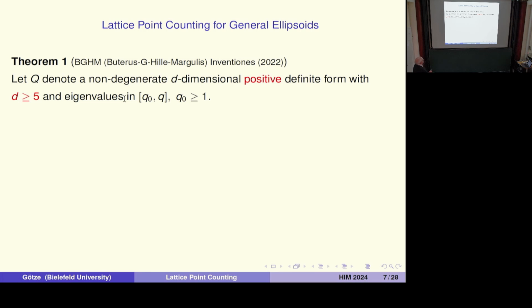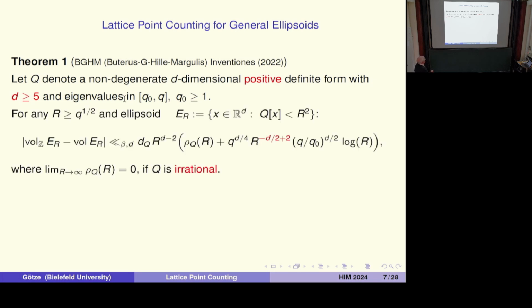And it says the following: yes, we have the same result, but we can now make the counting rather explicit or effective in the following way. So we have eigenvalues of the matrix between a lower bound Q0 and an upper bound Q. We take, first of all, the positive definite forms and correspondingly the ellipsoids.